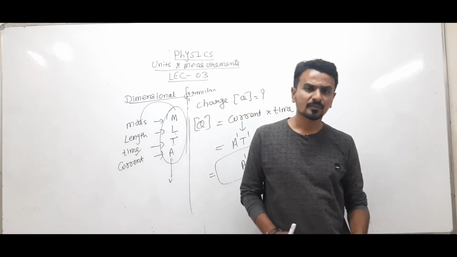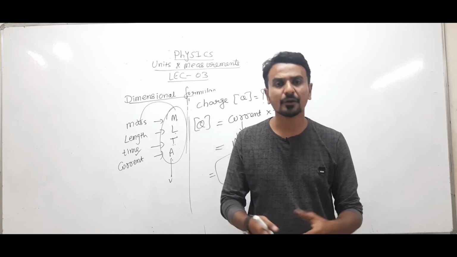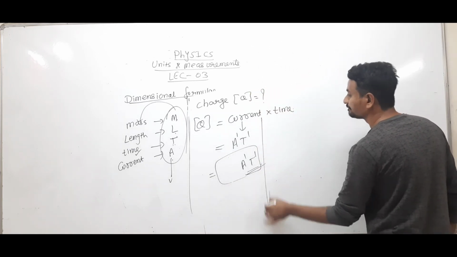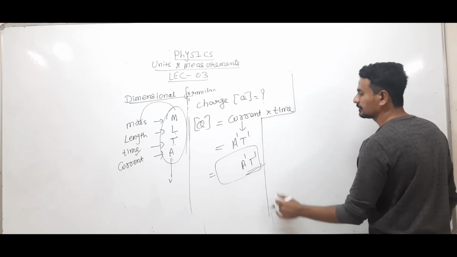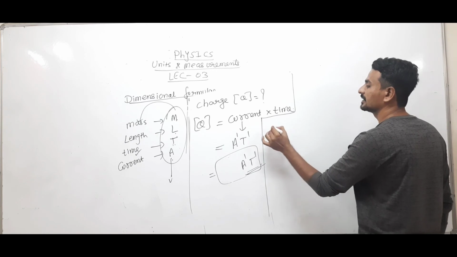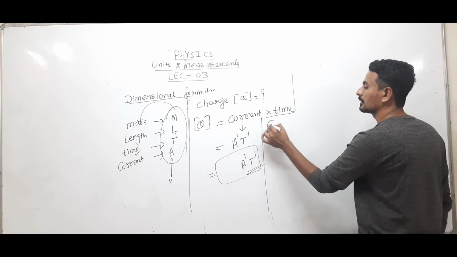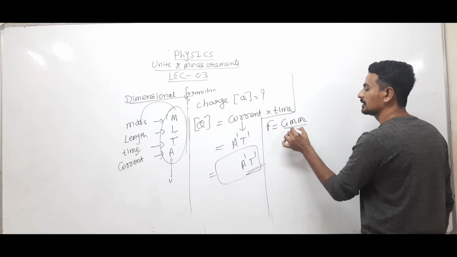Clear? There are a few quantities which you will practice by yourself, how to write the dimensional formula. Write the dimensional formula for, come on, I am giving you one formula, F = G m1 m2 by r square.